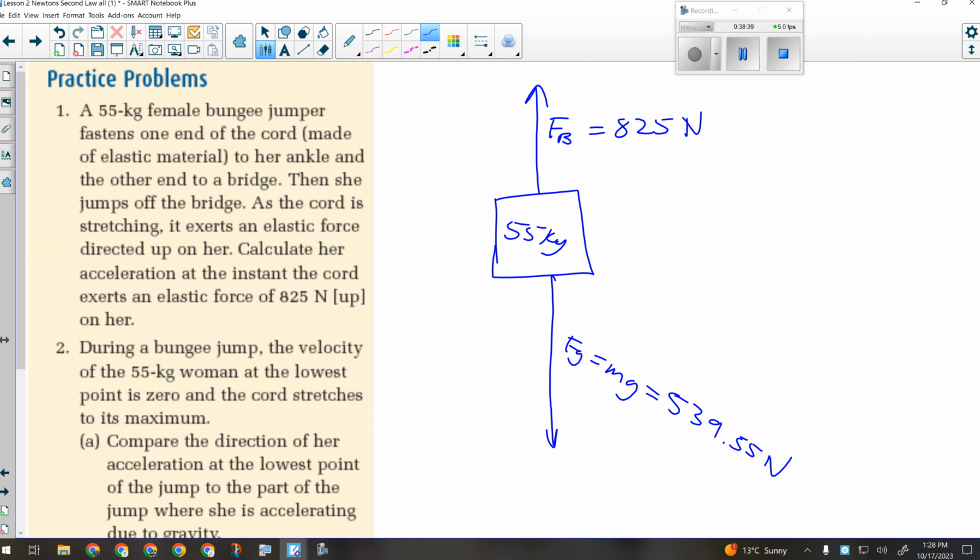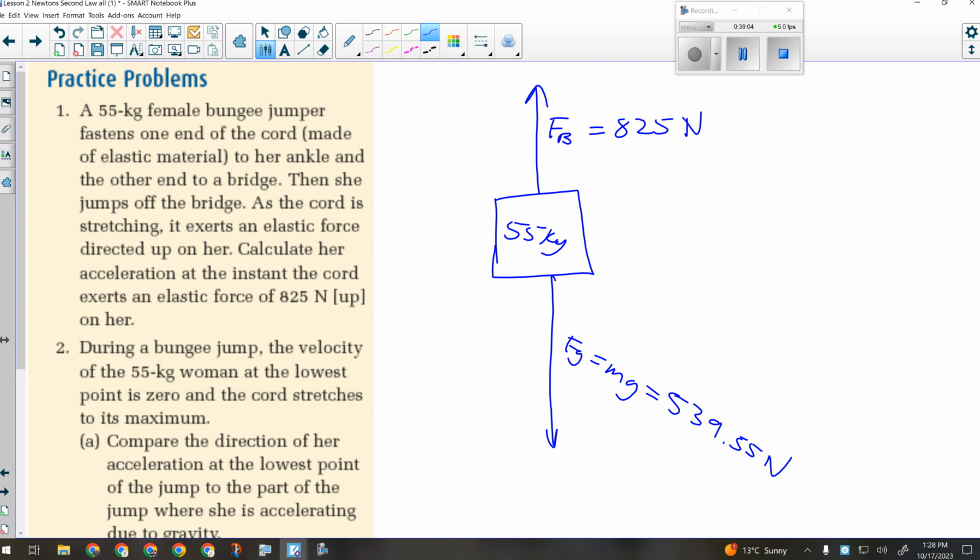She's moving upwards. This is after the bungee cord has been stretched as far as it will go. She's accelerating upwards at that point because she's actually slowing down. She's accelerating upwards because the bungee cord is slowing her fall. All we know is that the bungee cord is really stretched because it's exerting a great deal of force upwards, which is, of course, what you want it to do.